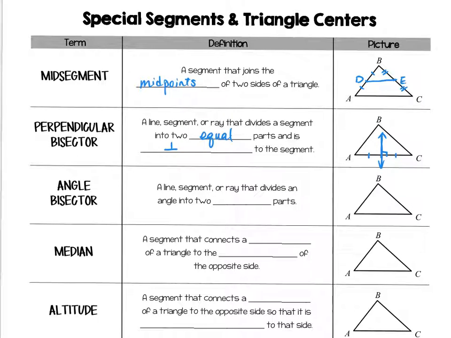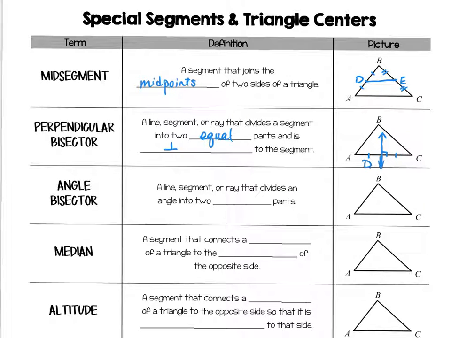If I call this point D, AD is congruent to CD because D is the midpoint, and this line that passes through the midpoint D is perpendicular to AC.